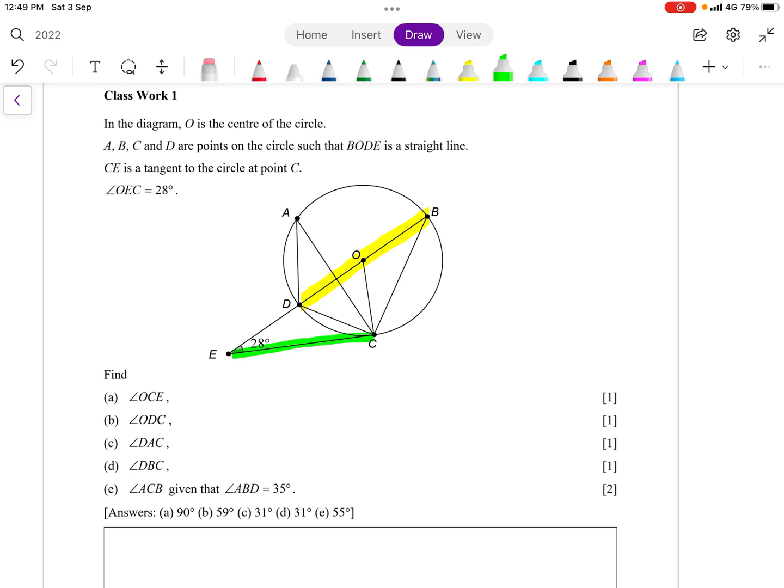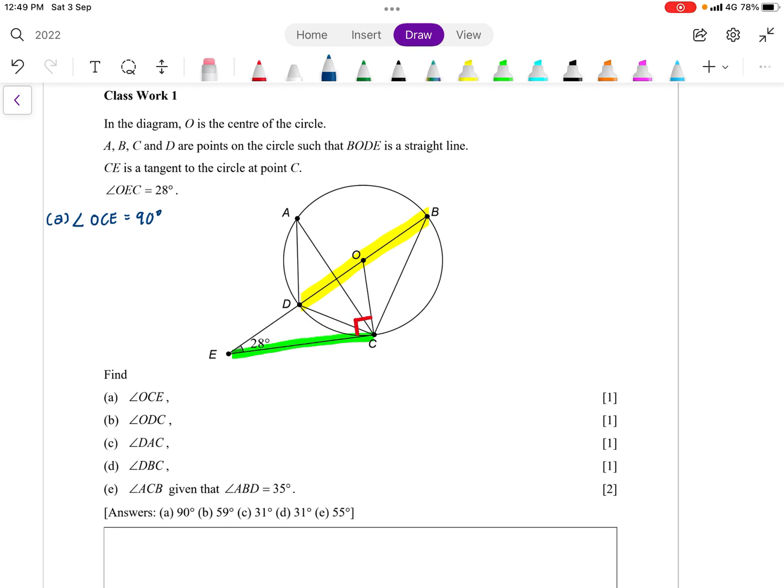The first question, they want me to find OCE. Oh, it's this angle. OCE. What would that reason be? Let me just do it here. Angle OCE is 90 degrees.